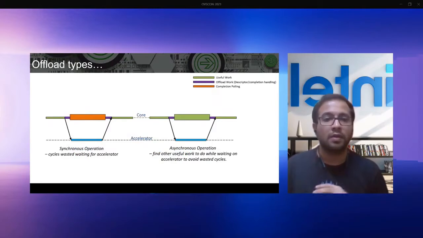Now, there are two ways we could use DMA devices: synchronously and asynchronously. In the synchronous offload, the CPU offloads some work onto the DMA and then waits for its completion. CPU does no other useful work in the meantime.